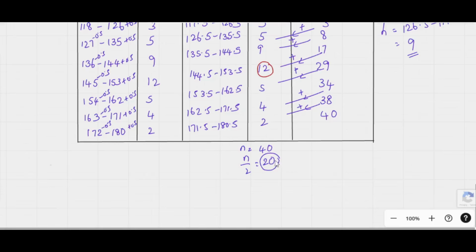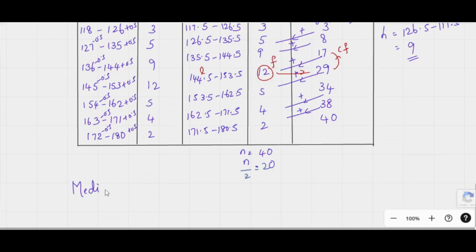I can't see a bigger number; only 12 is probably near to 20. So I'm taking 12 as my frequency, and the cumulative frequency of the preceding class, 17, will be our cumulative frequency. Let us solve the median now.